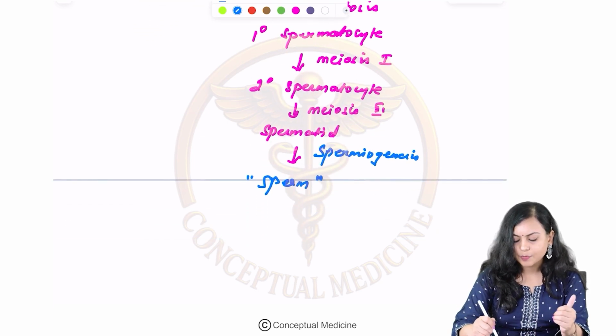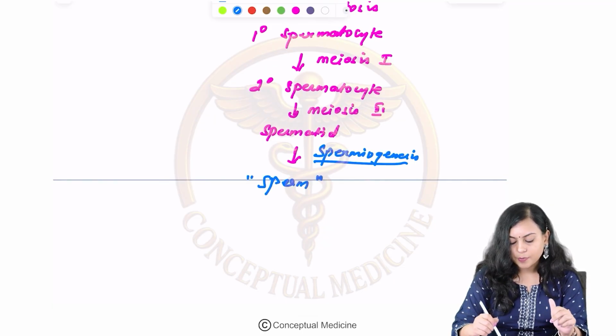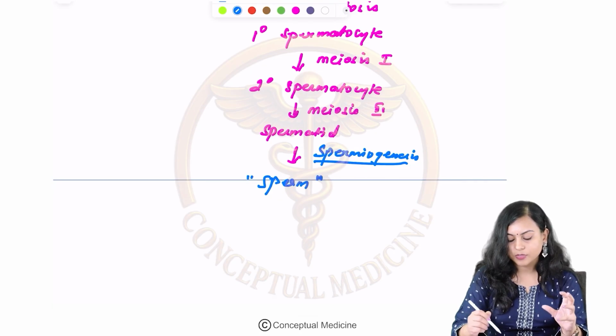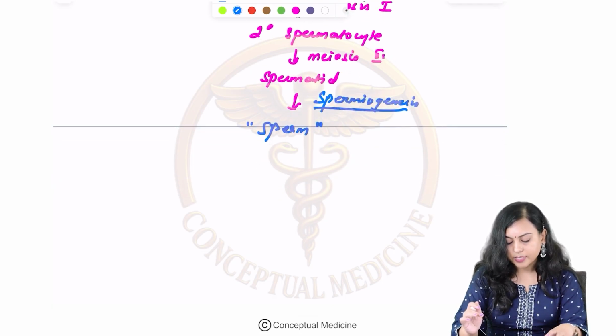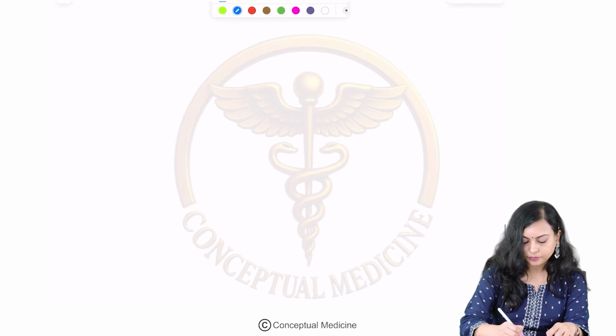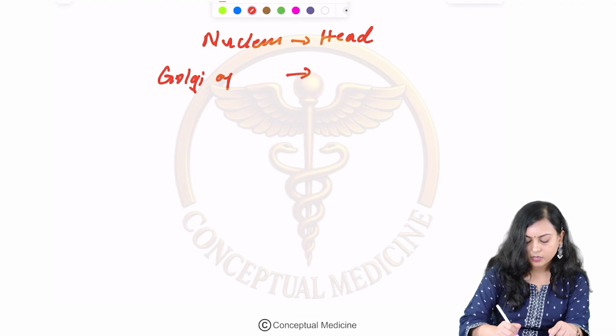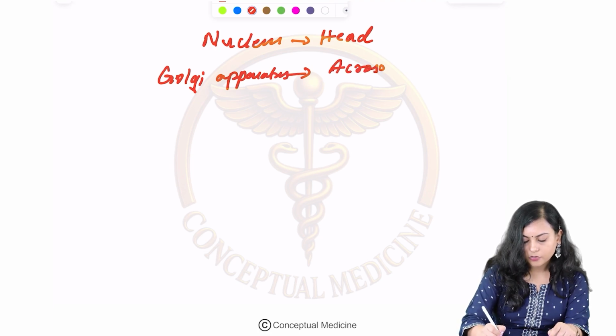And what is this spermiogenesis? Spermiogenesis is a process where the spermatid is converted into a sperm. That is, various structures of the spermatid are converted into a sperm structure. Okay. So, the nucleus will form the head of the sperm, then the Golgi apparatus will form the acrosomal cap.